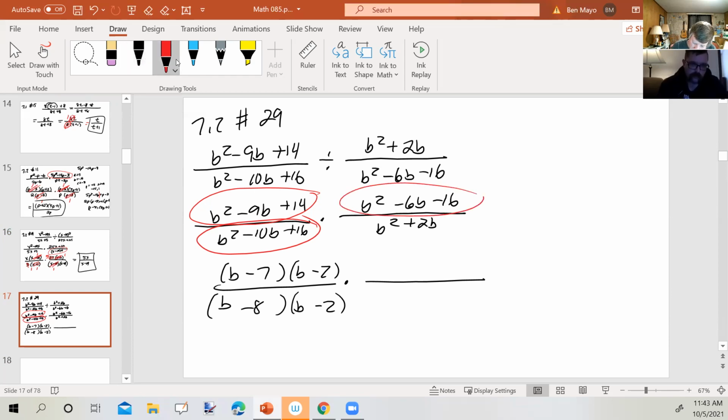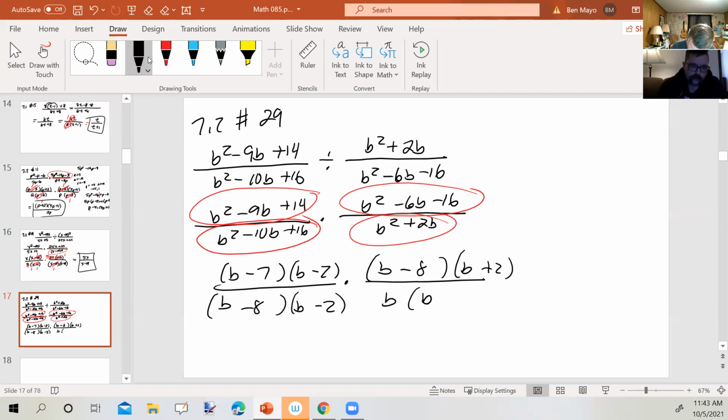And then this one, which is b, and minus 8 plus 2. That's going to give us a negative 6b in the middle and negative 16 at the end. b squared plus 2b, take out the greatest common factor of b and have a b plus 2 left over. So now we've factored everything.